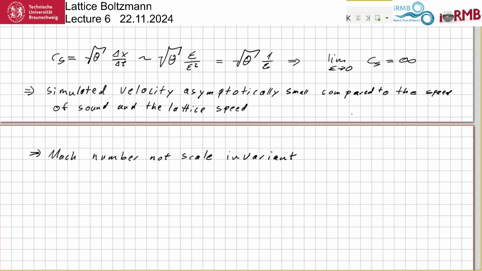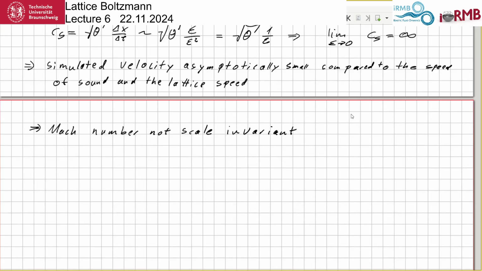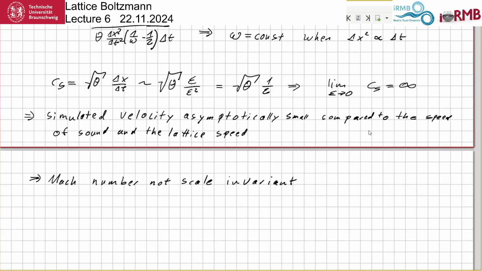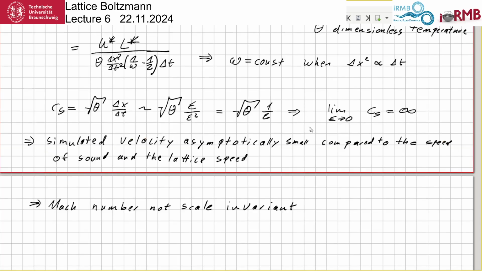I have a question. In the speed of sound, we have the square root of delta x divided by delta t. And delta x is proportional to epsilon, and delta t is also proportional to epsilon, right?